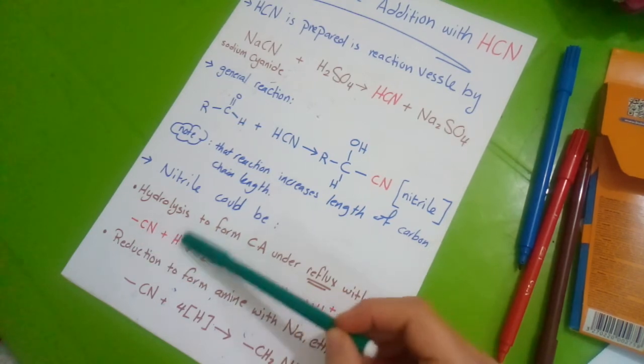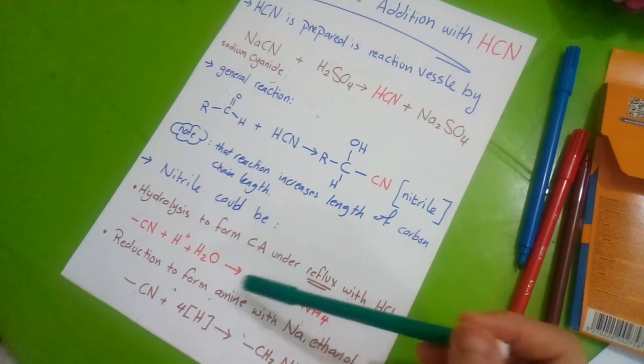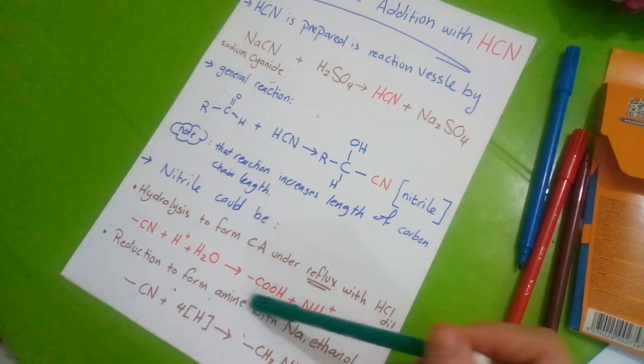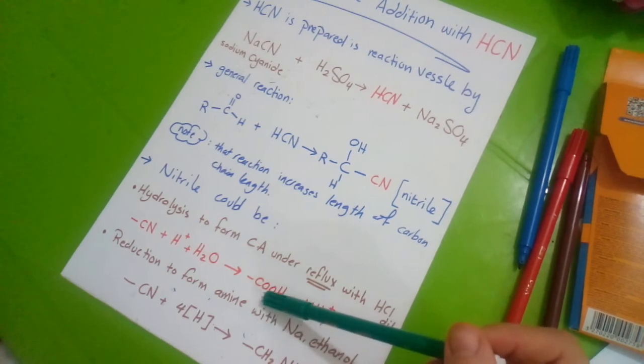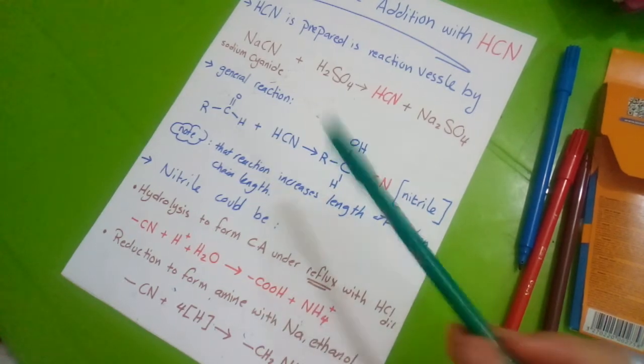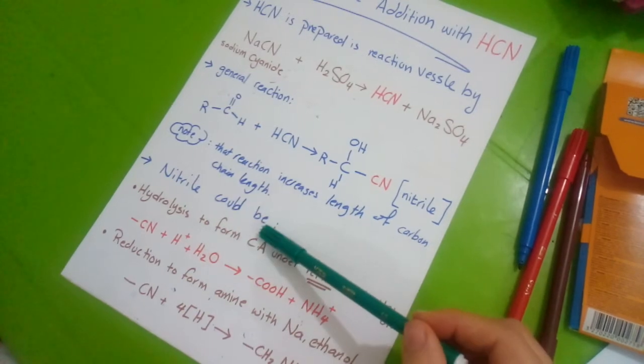I will hydrolyze it using water. This hydrolysis will form what? This is the carboxylic acid functional group, the carboxyl functional group. So I will form a carboxylic acid compound plus ammonium ion.